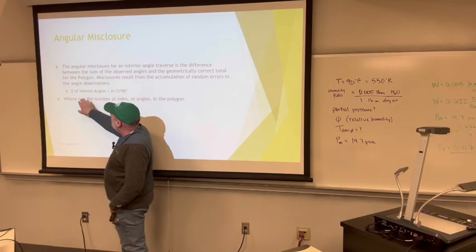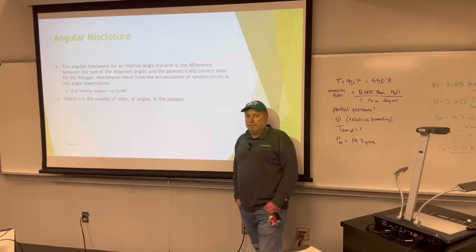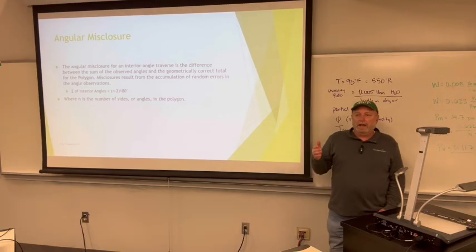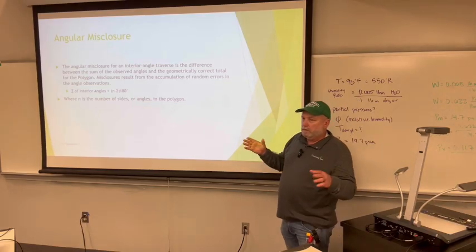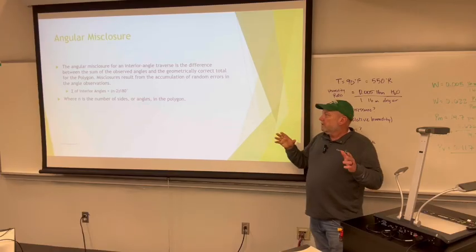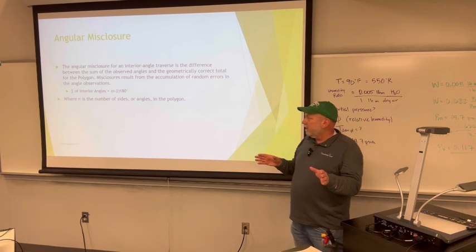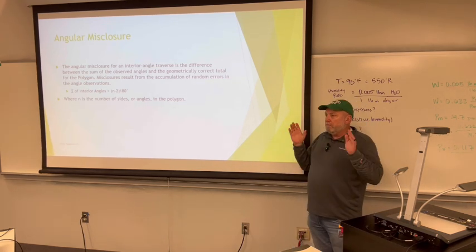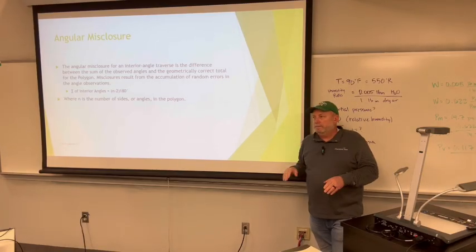The sum of the interior angles is equal to (n minus 2) times 180. N is the number of sides or angles within that polygon. Doesn't matter if it's a 3-sided, 5-sided, 20-sided polygon, you take that number of sides or number of interior angles, subtract 2, multiply by 180, and that's what the mathematical sum should be of that polygon.